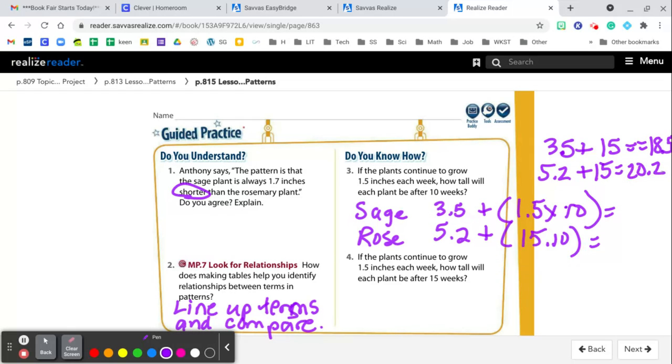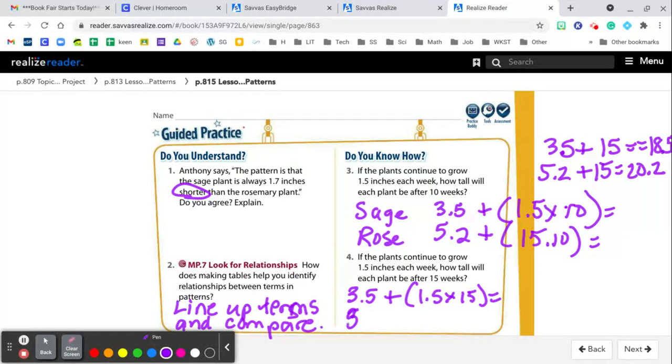If the plants continue to grow 1.5 inches each week, how tall will each plant be after 15 weeks? So we can take what we already have in our equation, and we can just add another 5 weeks to it, or we could just say 1.5 times 15.